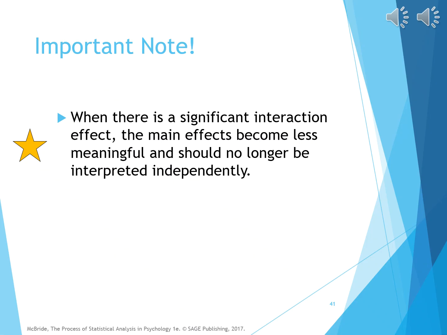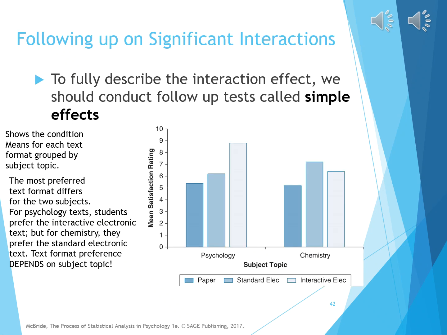But you treat them each individually, so you would be doing separate post hoc analyses for each independent variable. So again, we would typically conduct a follow-up test using SPSS to actually break down the interaction effect and see, well, okay, how exactly does the student satisfaction rating depend on both the subject topic and the textbook format?